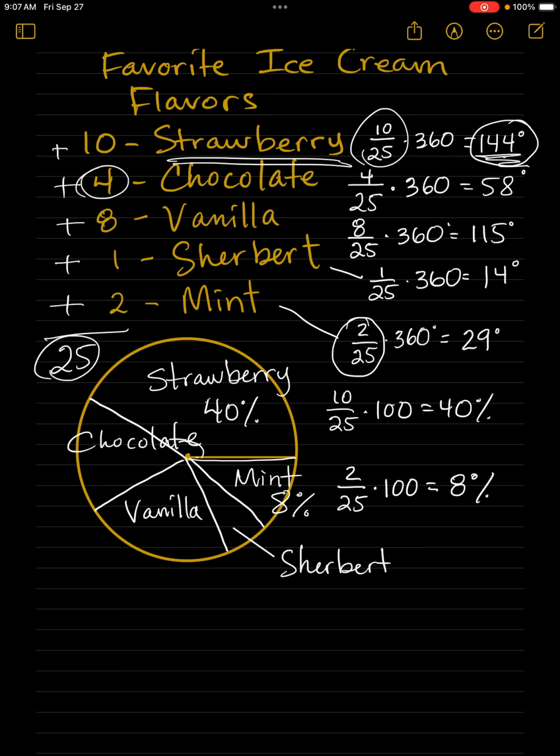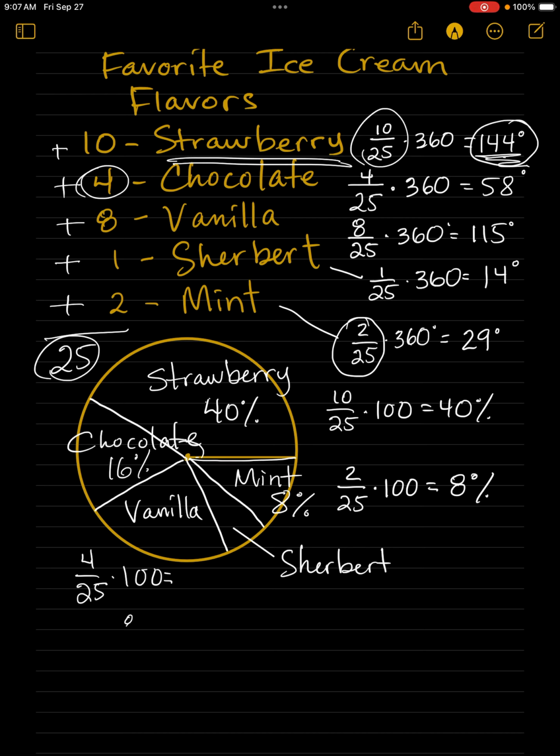To get the 16%, I'm going to do chocolate and do 4 over 25 times 100, and that gives me 16%.